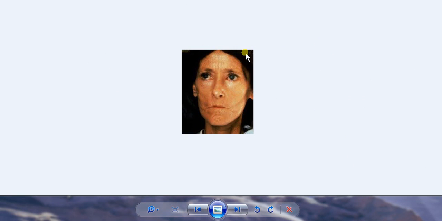The face of the patient, like we see in this picture, this beautiful woman, has a small mouth, pinched nose, microglossia, and maybe some skin changes in the form of telangiectasia, or maybe morphea, or erythema, and also maybe some skin changes in the form of scarring, or livedo reticularis, or maybe alopecia. So this is the head of the patient.